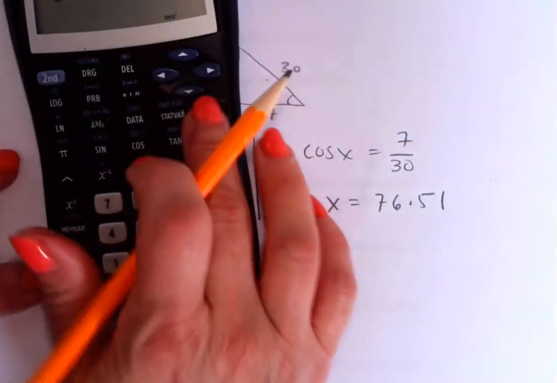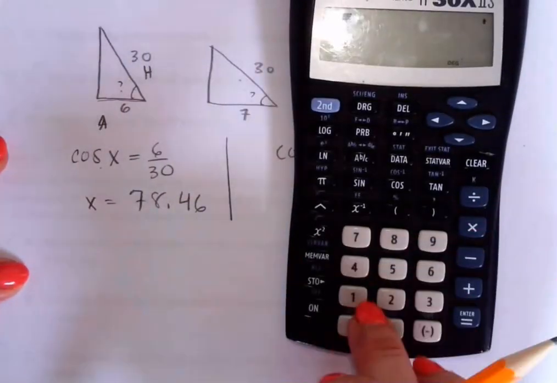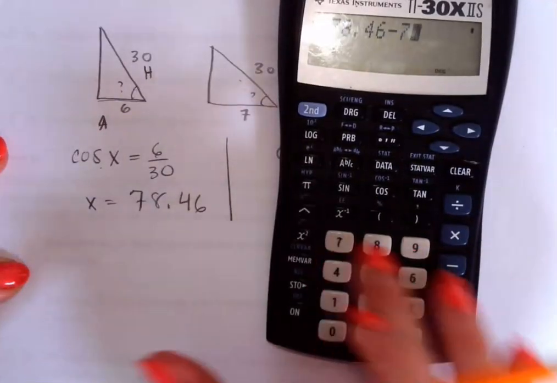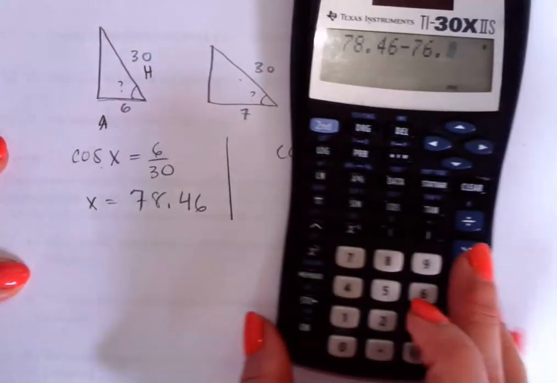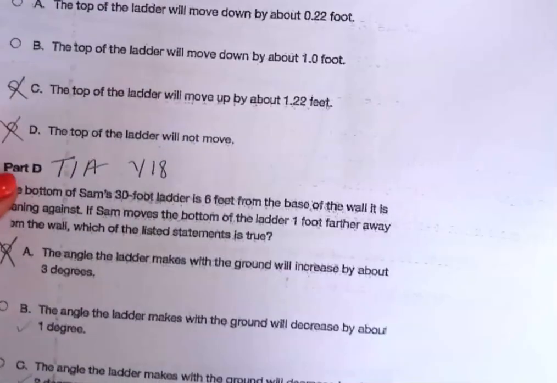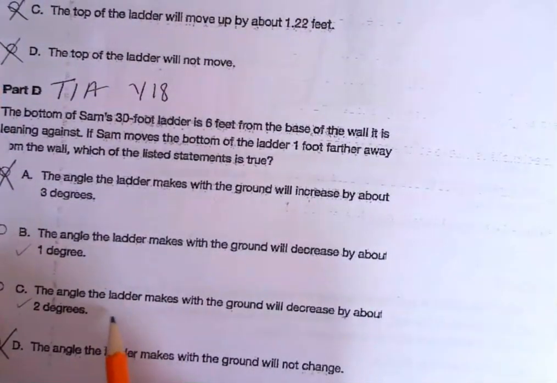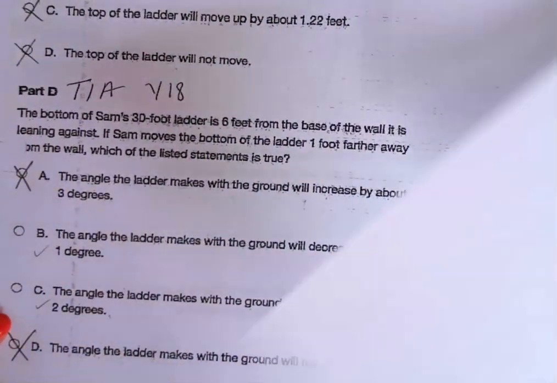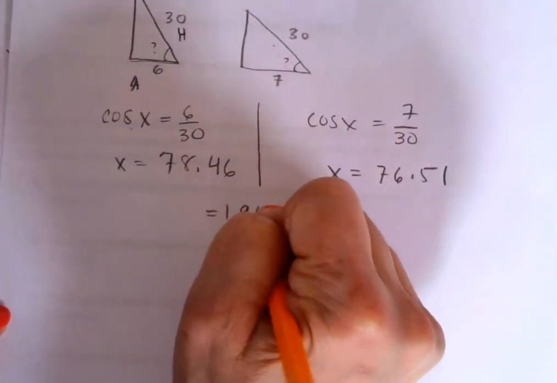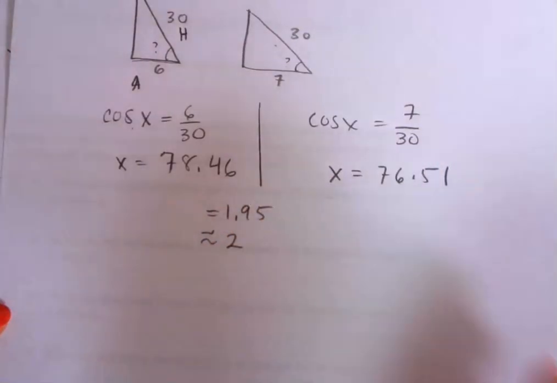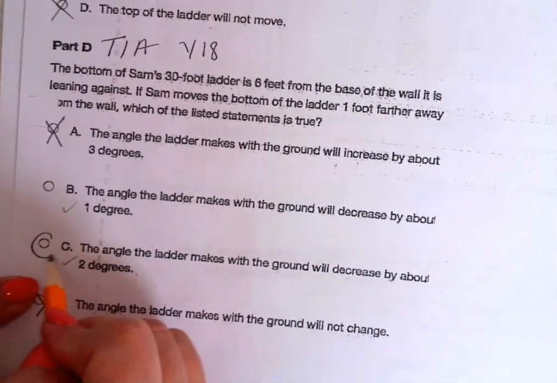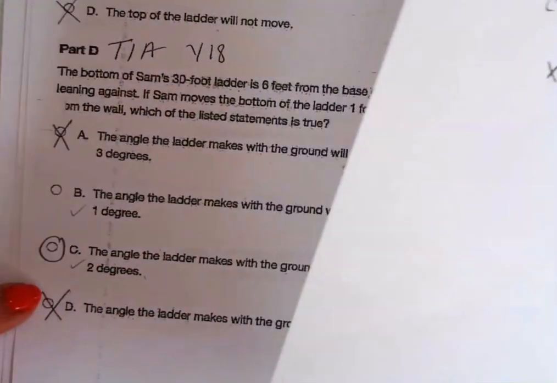If you want to know how much we went down by, you can subtract them. 78.46 minus 76.51. That's about 1.95. And the closest one to that would be 2, right? If we round, the difference is 1.95. We can round that up to 2. So the angle decreased by about 2 degrees. Our answer is C.